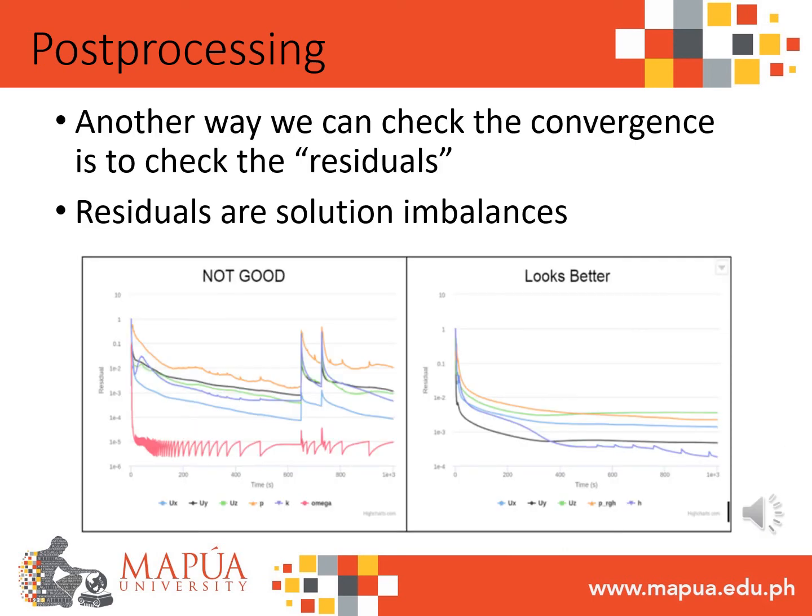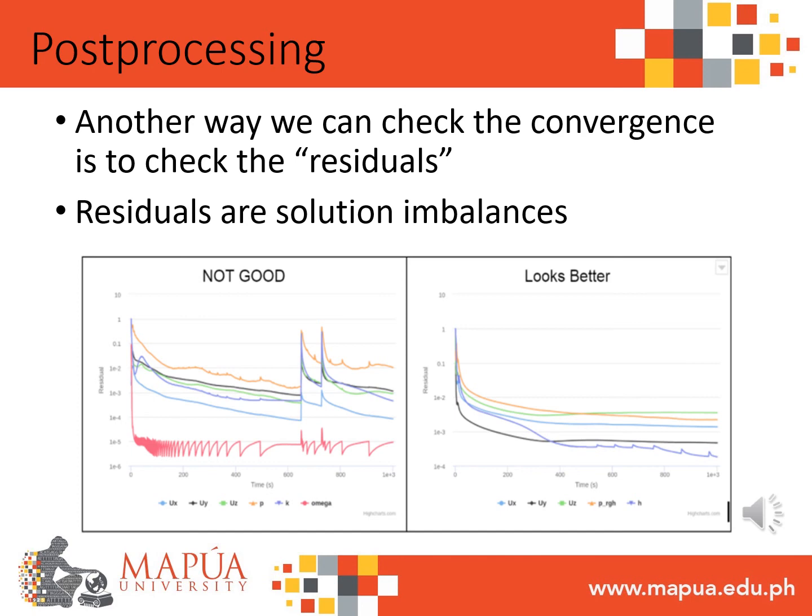Another way we can check the convergence is to check the residuals graph. Residuals are solution imbalances. They are used as a measure of discrepancy between each iteration. Now, if we want to reach convergence, we want our residual level to decrease as we go further with our iterations. Usually, at below 1 times 10 raised to negative 3 level, we can already have a converged solution.